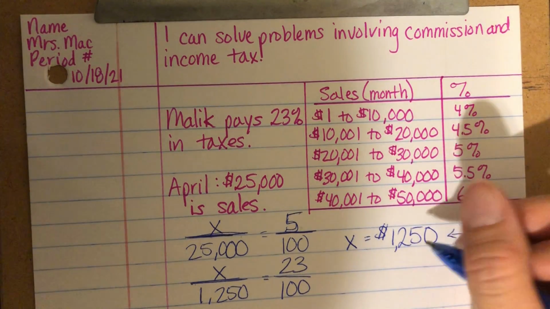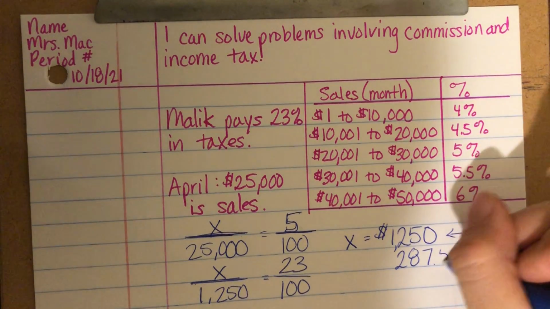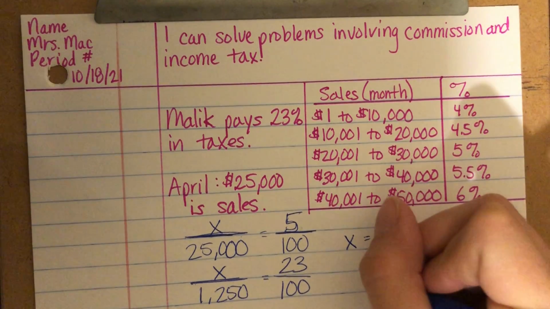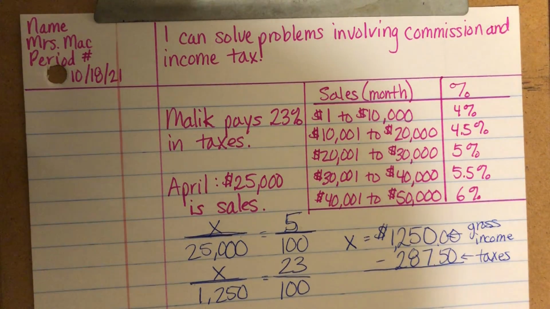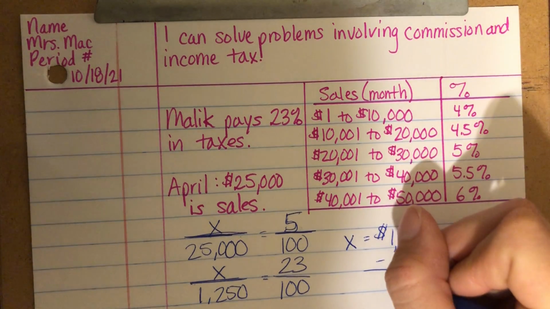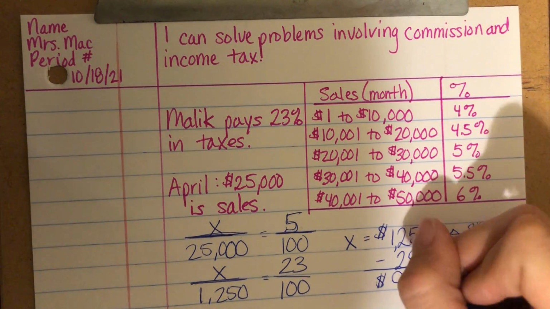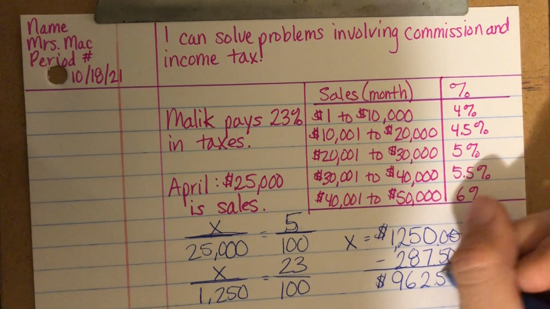And it looks like the income taxes are going to be $287.50. And we're going to subtract that out. So I'm going to subtract that on my calculator here, 1250. And it looks like Malik's net income for this month is $962.50.